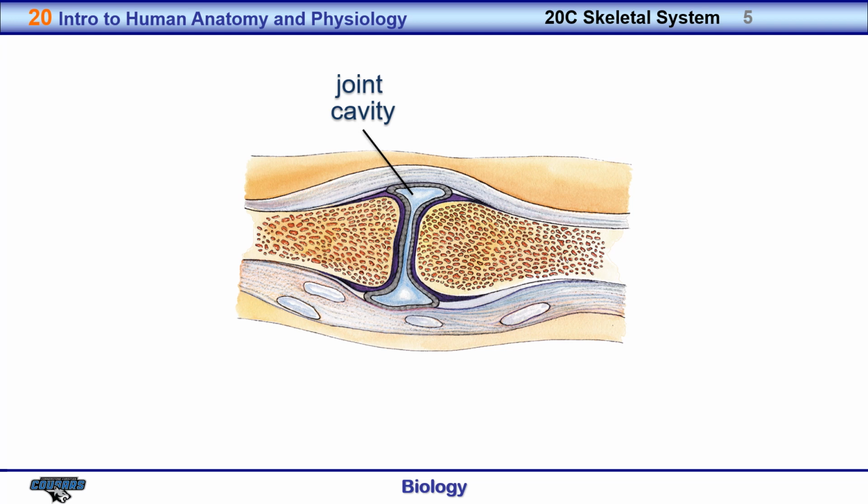Connective tissue called a joint capsule, and in this diagram, the joint capsule is going to create this joint cavity that you can see right here.